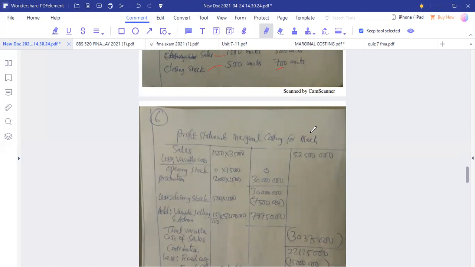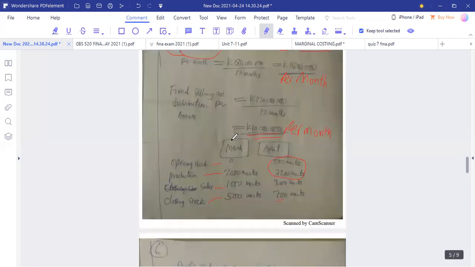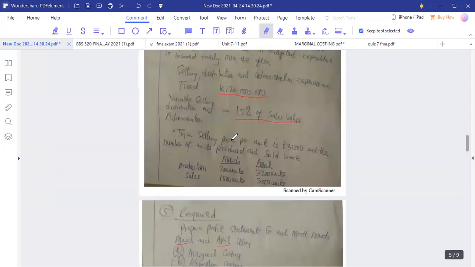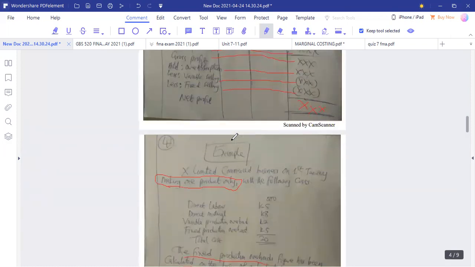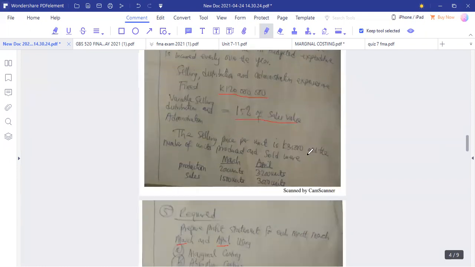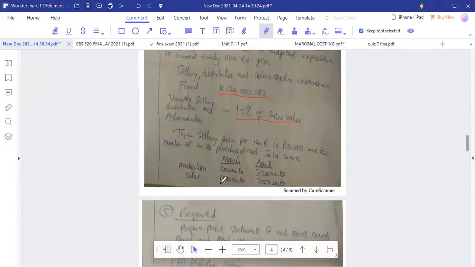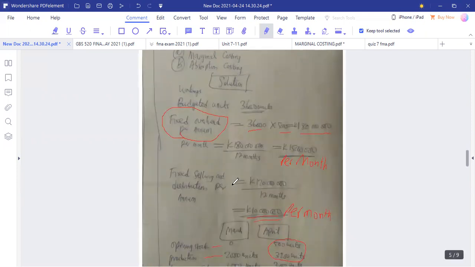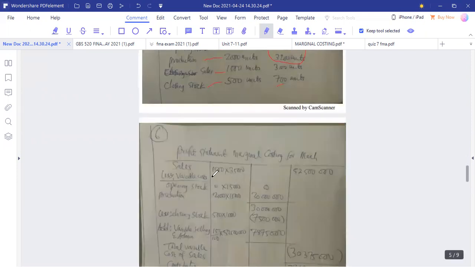So we are going to have the sales. We're supposed to look at how many units were sold. The sales units were 1,500, multiplied by the selling price per unit of 35,000.